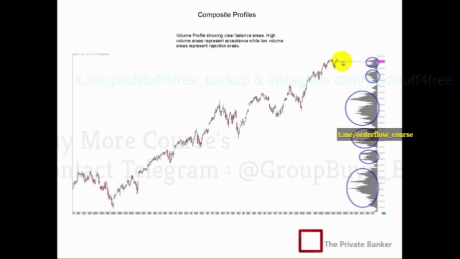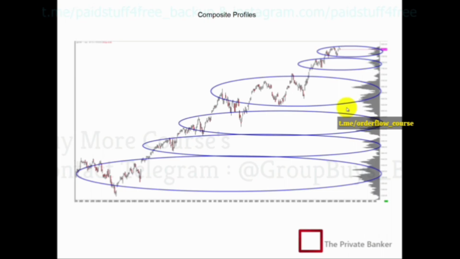If we were to extend these circles out and see how the market's reacting, we would see something like this. Here's our upper balance area, so the market is rotating between these two levels. Same here, we gap up and establish a new price discovery area, so we test the high and low of there, and then we break out here and test the top of that and move higher. Here's another big balance area, high to low, just rotating between these levels.